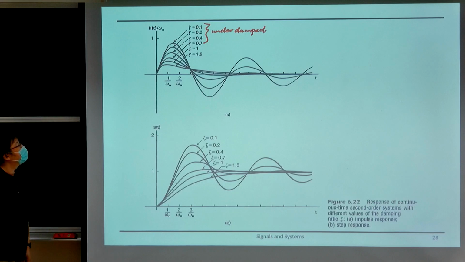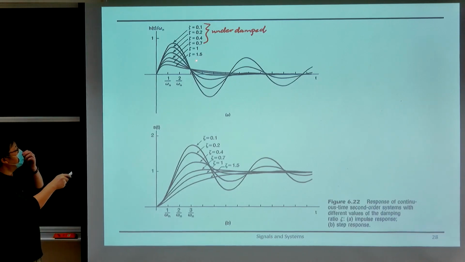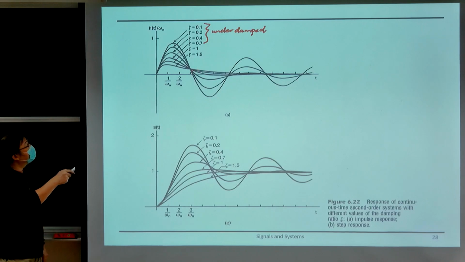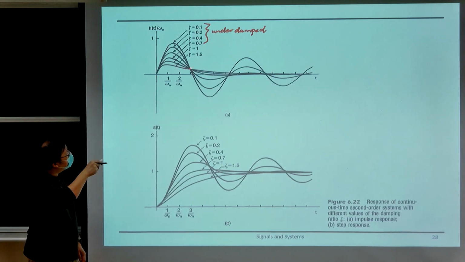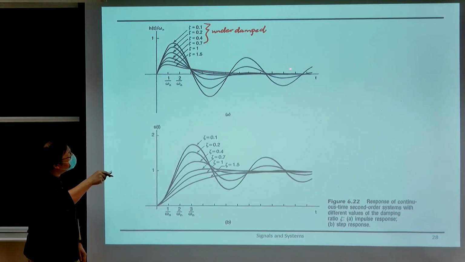But for zeta equal to 1.5, which is an overdamped system, you do not see an oscillatory behavior. In fact, it decreases smoothly over time.